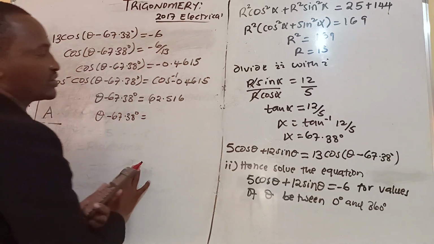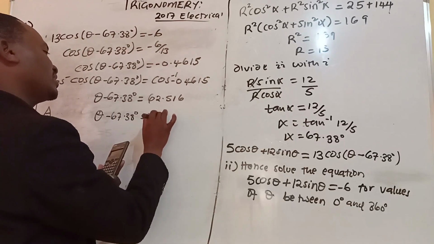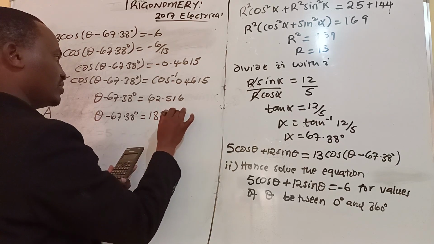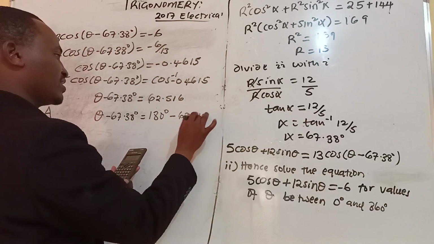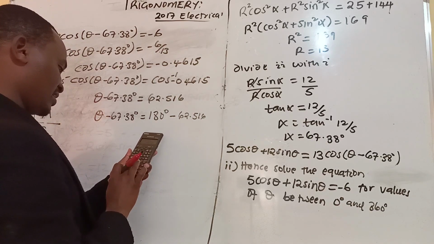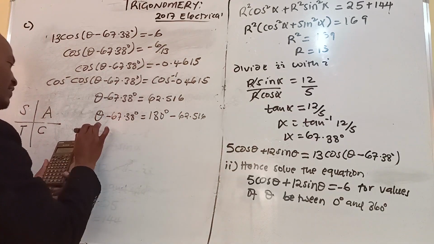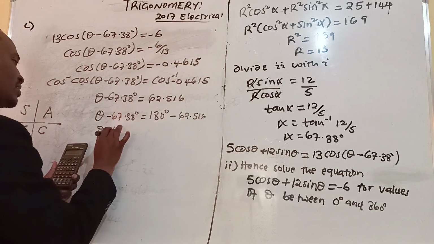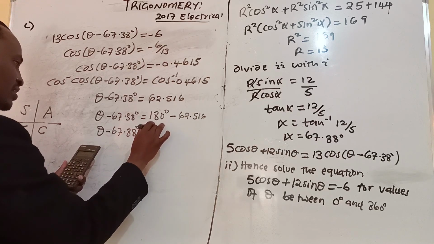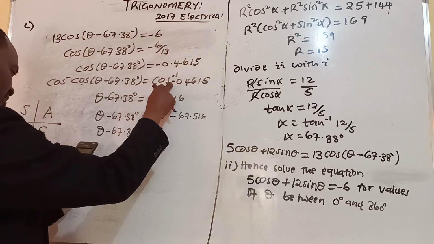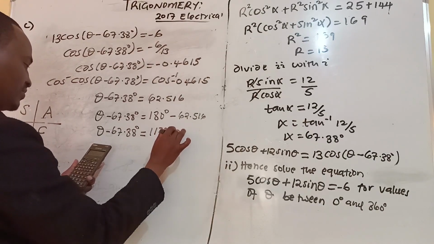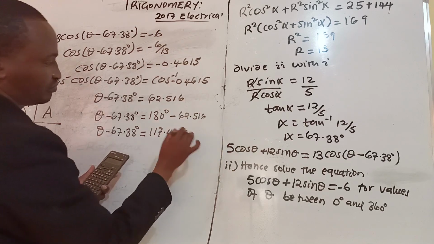How do you get the angles in the second quadrant? It is 180 degrees minus this angle you have just obtained, which is 62.5156 degrees. So if I say 180 minus answer, it will be 117.48, which is the angle we had obtained earlier by using a negative value here, 0.4615.